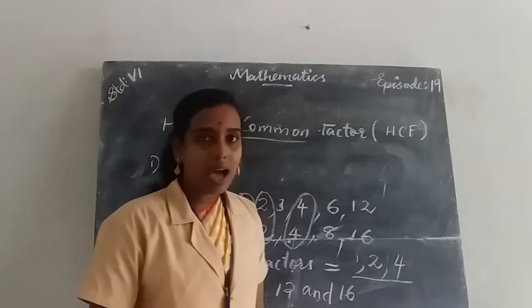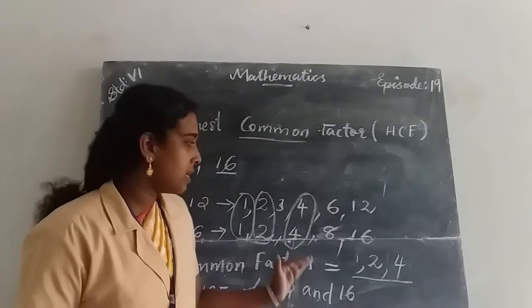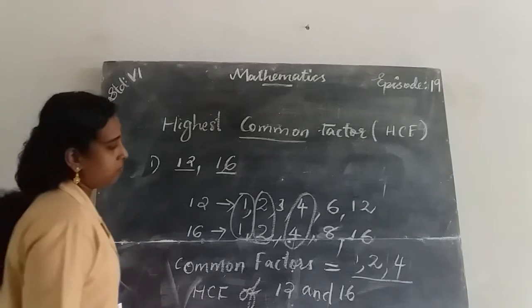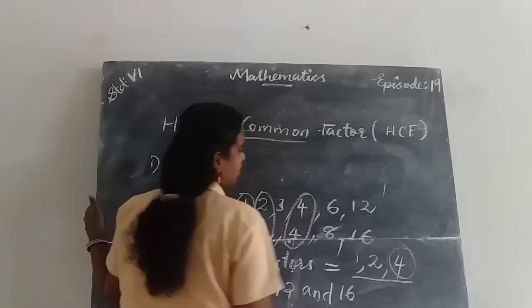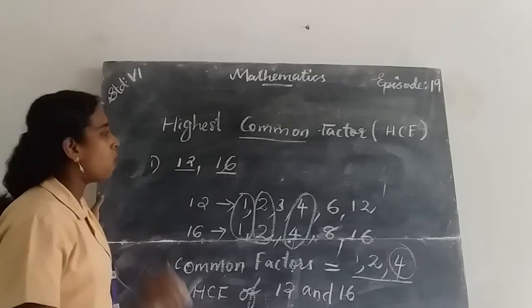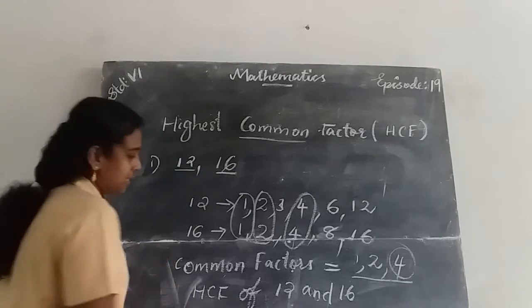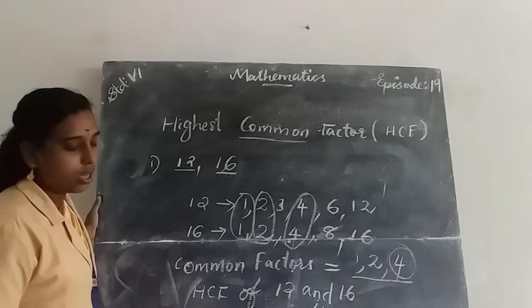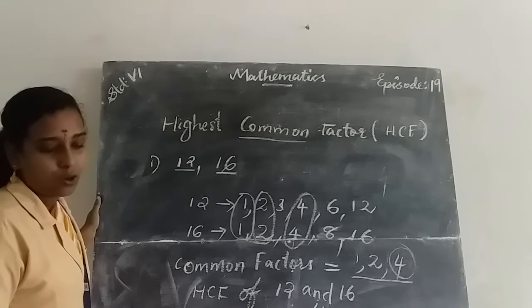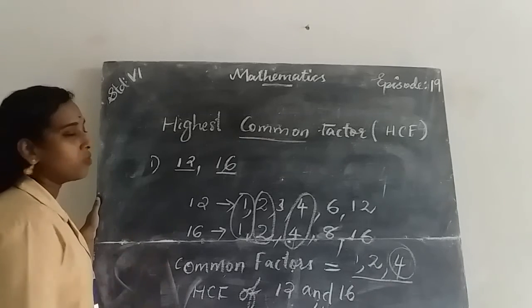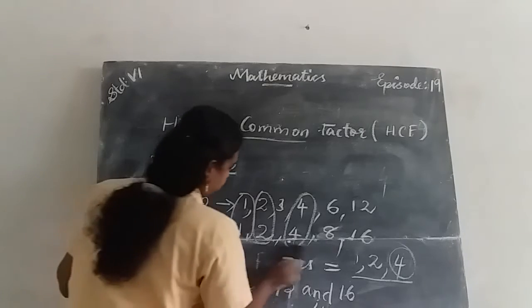Yes, 4 is the highest common factor. So we can say that 4 is the highest common factor of 12 and 16.